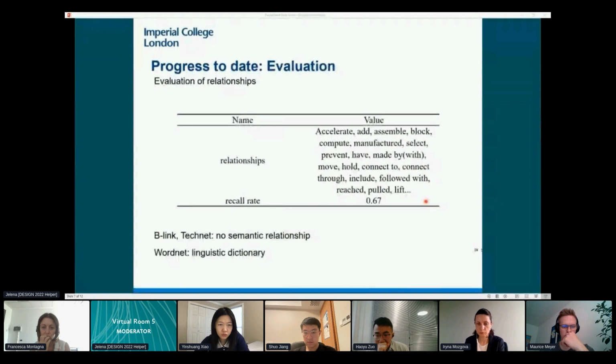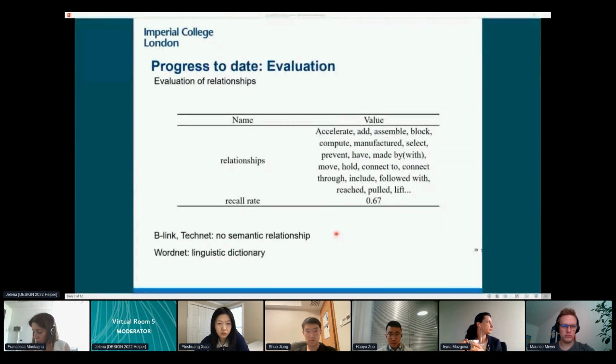We also had an evaluation on the relationships we extracted. We built a standard list of mechanical engineering related relationships as a benchmark to test whether it is covered in the database. There are 5 publicly available engineering related datasets published before pattern KG.